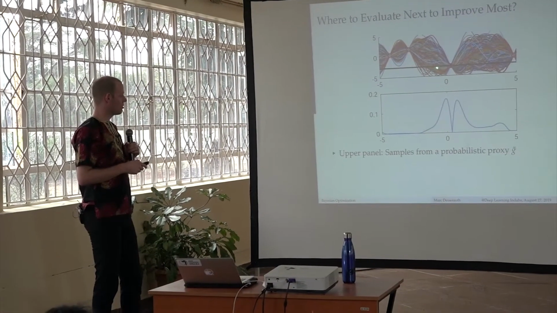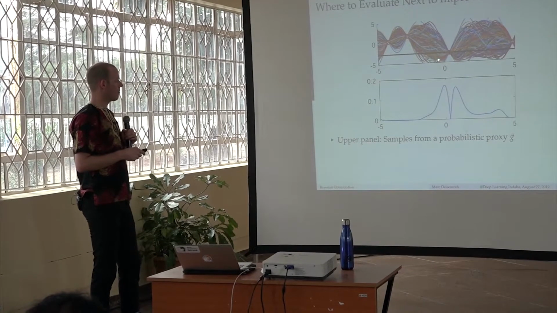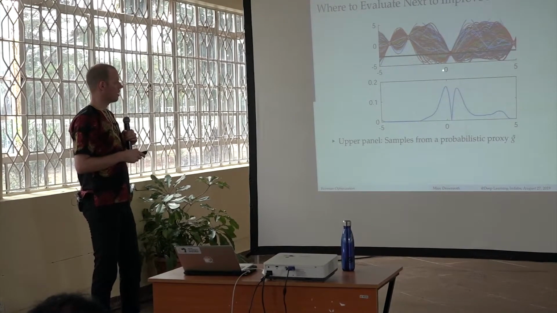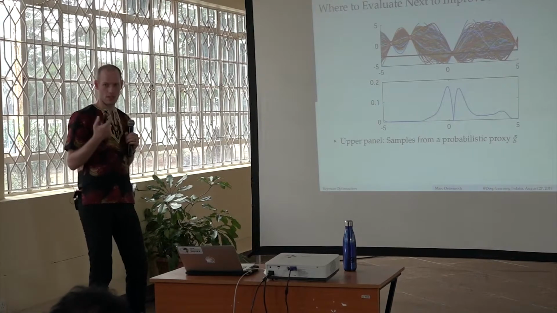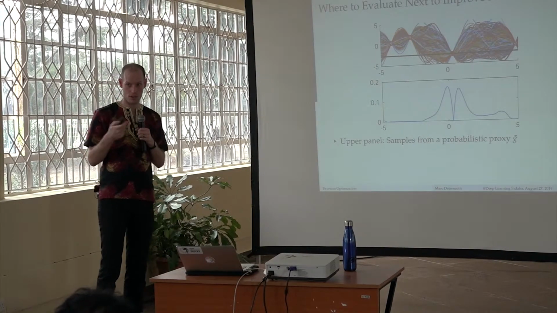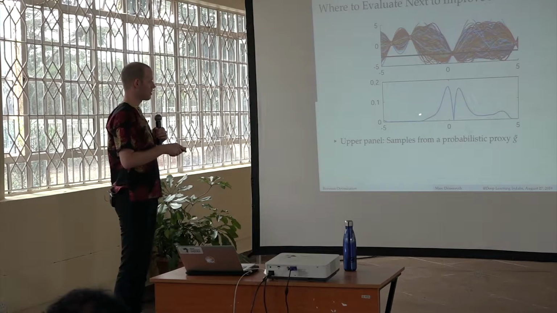If you do this more often, so these are 1,000 samples from the Gaussian process, I can compute the expected improvement, or how much better I am on expectation than this black line, which is the best or minimum value that I've found so far. And then I'm plotting this in this graph here.